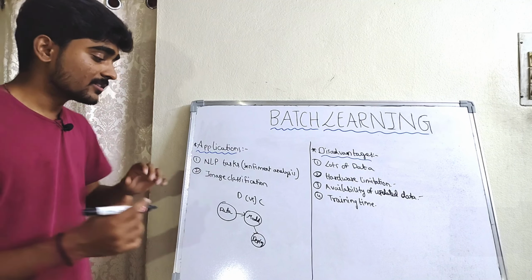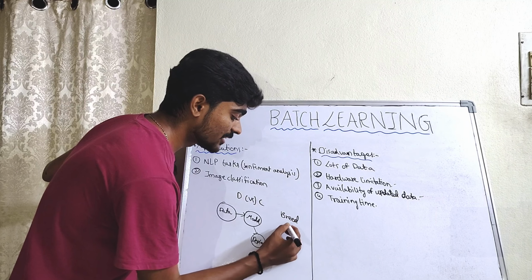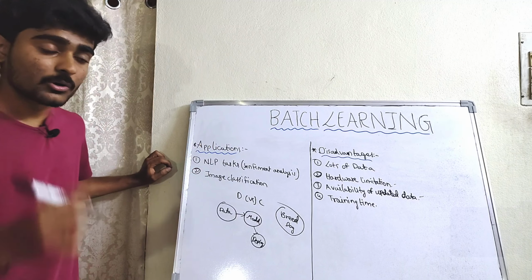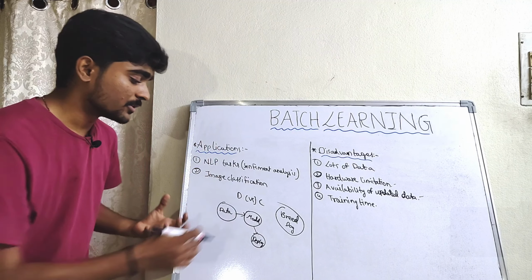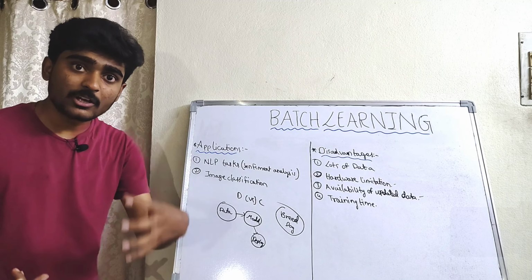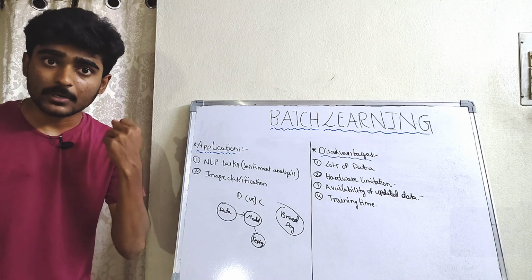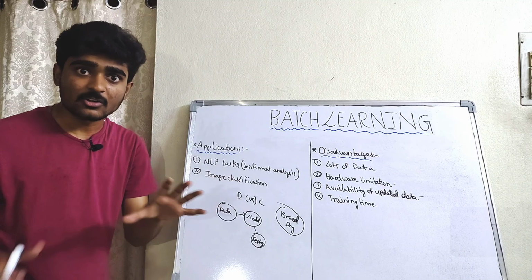Now let's say in future a new breed of dog has come for classification. When the new breed dog, which is unseen by our machine learning model, has come, we need not bring our model offline and retrain on this new breed, because each dog shares common features.